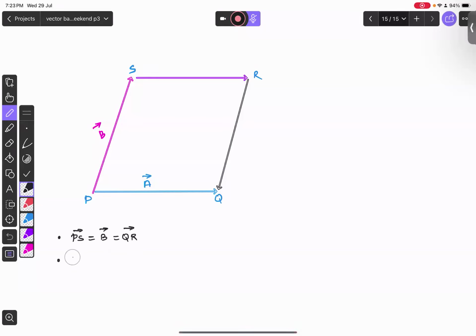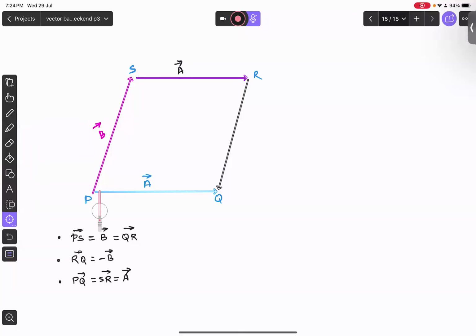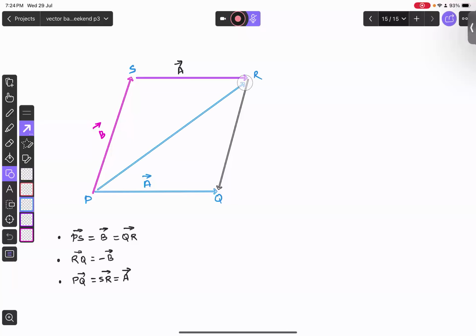But what will be RQ then? RQ will be minus B, no? So RQ is minus B, and PQ and SR both are correct representations of A. So this is our A. And already we know in such a parallelogram PQRS in which PQ and PS represent vectors A and B, the sum of these two is given by this diagonal.